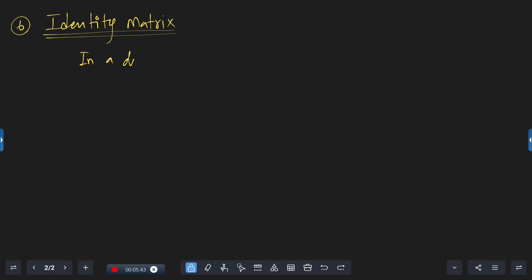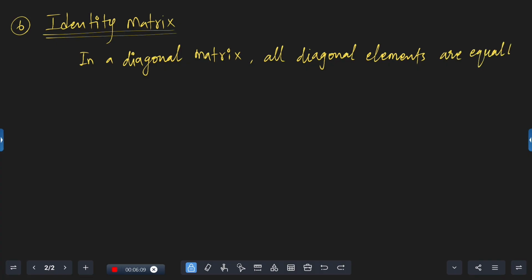So in a diagonal matrix, all diagonal elements, or entries, are equal to 1, then it's called an identity matrix.